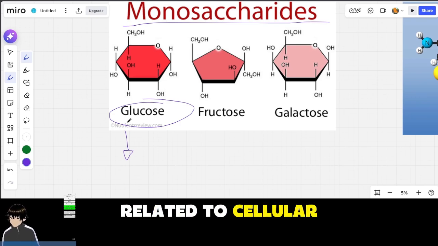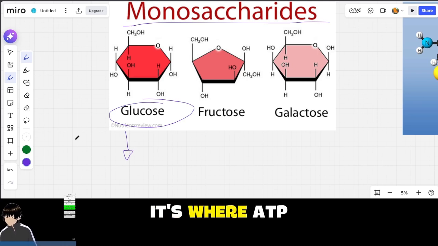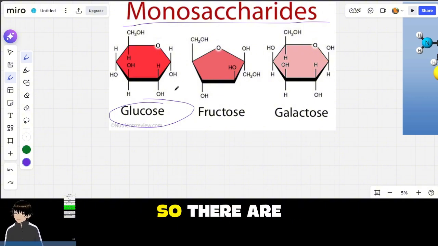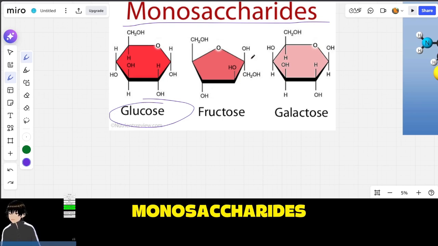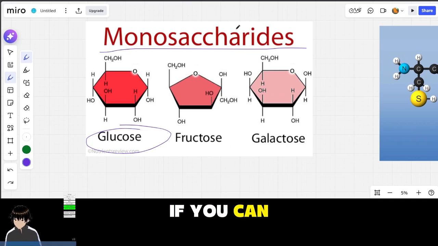That's related to respiration, and cellular respiration is where ATP is found, and that's where your cells get your energy from. So there are many types of monosaccharides: glucose, fructose and galactose. If you can see here, there are a lot.